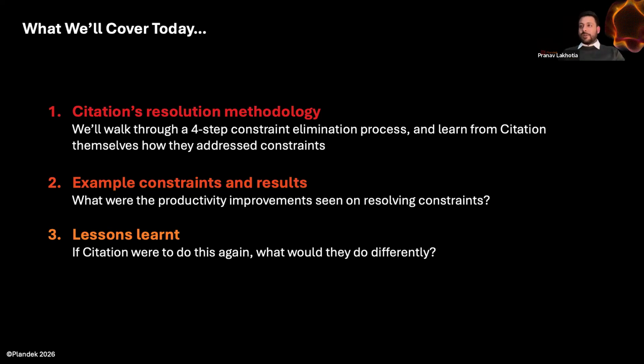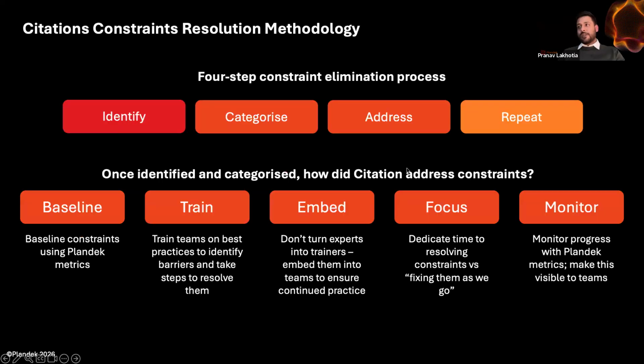Okay, so jumping on to the resolution methodology. I will refer you back to our previous webinar again, where we talk about these in a lot more detail, from a four-step constraint elimination process. Just to briefly touch on this today, identify is obviously the key step to make sure that you know what these constraints are. Categorizing them into various different categories, so they could be technical, ways of working, infrastructure related, and so on and so forth.